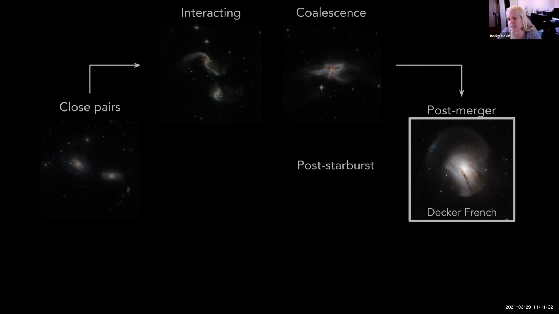My point here is that post-mergers are actually pretty difficult to identify in imaging, but they can be really important evolutionarily, shown by this type of post-starburst galaxy. And so with kinematics, one of the main goals of the project is to be able to identify this stage of galaxy using stellar kinematics.